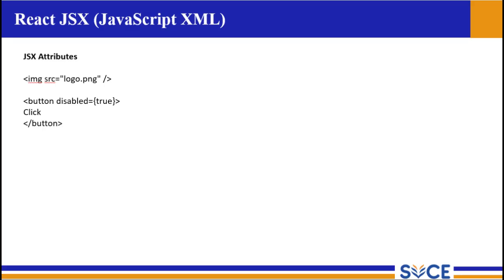Another important aspect of JSX attributes is event handling. Modern web applications are interactive because they respond to user actions such as clicking buttons, typing text, moving the mouse, or pressing keys. React provides event handlers that allow developers to respond to these user interactions.